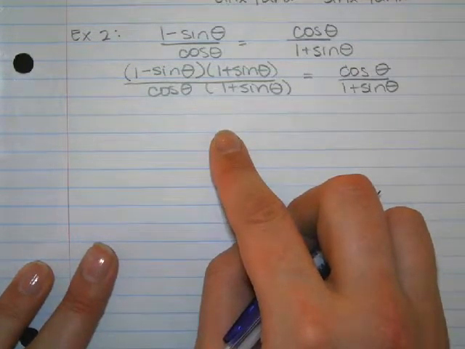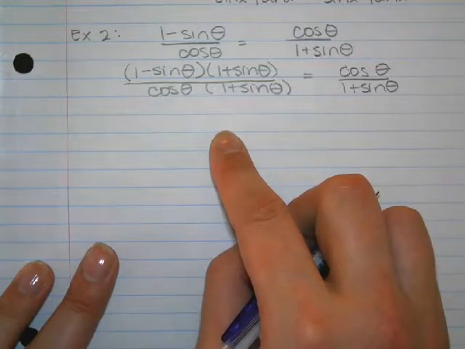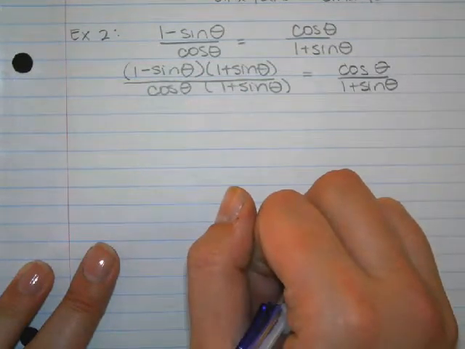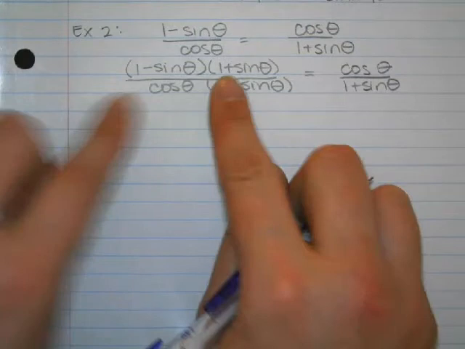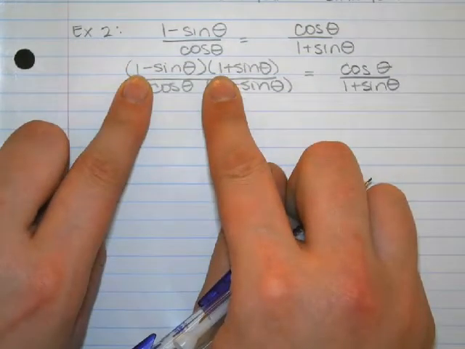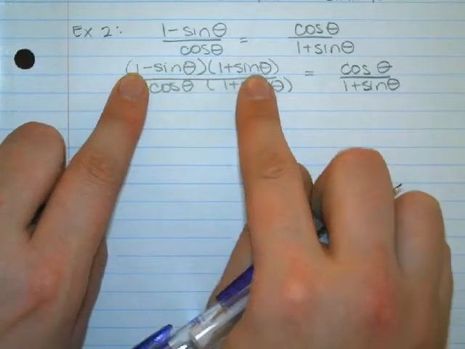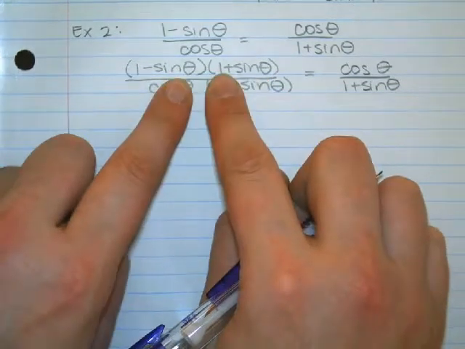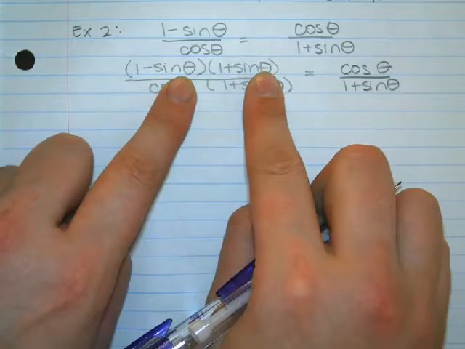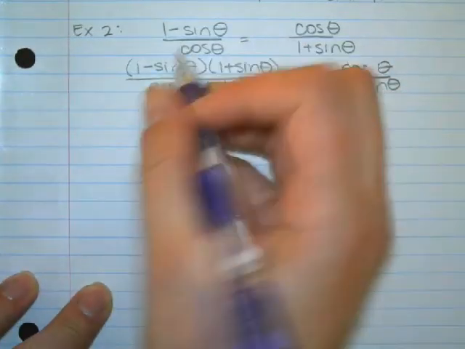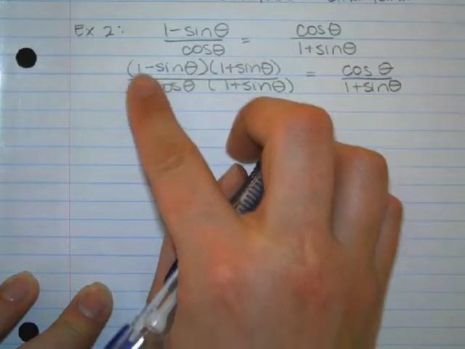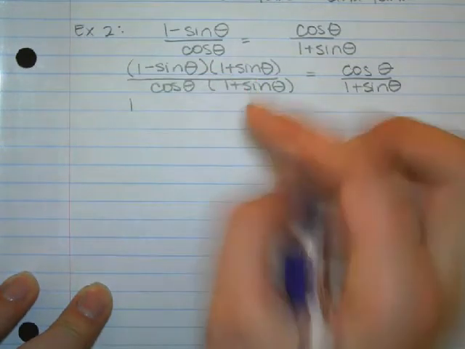So I multiplied by the conjugate on the top and the bottom. Okay. What happens if we FOIL the top? I'm FOILing it. 1 times 1 is 1. 1 times sine is positive sine.